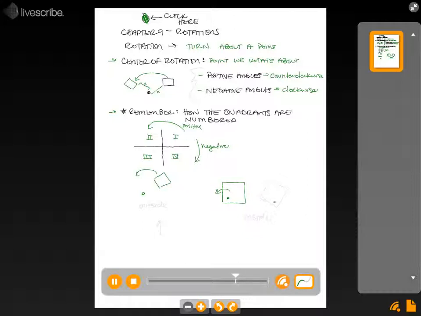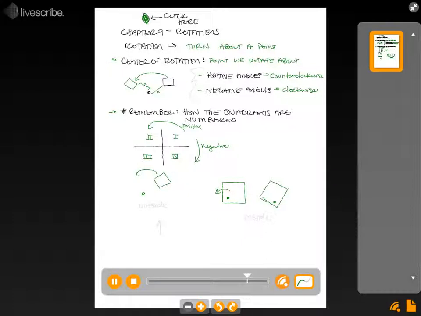So if I'm going to rotate it, it may look like this now, where it's turned about that point. It's like if I nailed a piece of paper to the wall. I could turn the paper left and right, but it always moves around that point where I put the nail in the wall. It's the same idea if my center of rotation is in my figure.